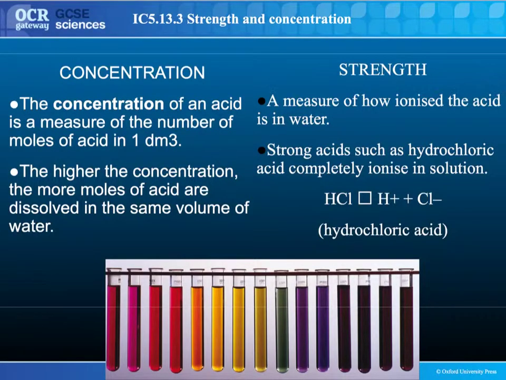So here we go. Firstly, concentration. This is a measure of the amount of acid dissolved in the liquid, and it's always in moles of acid in litres. The higher the concentration, the more moles. And then we have strength. This is the more complicated idea. It's a measure of how ionized the acid is in water. A strong acid, like hydrochloric acid, will completely ionize.